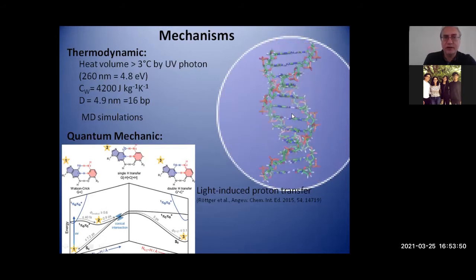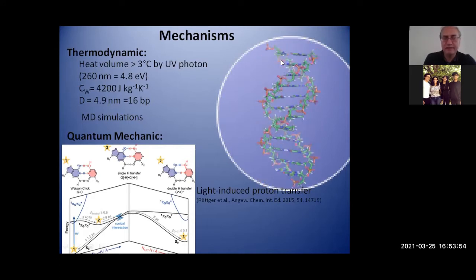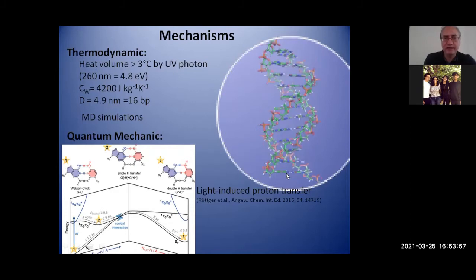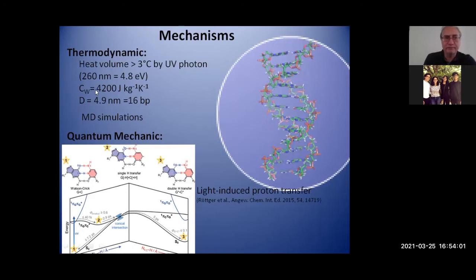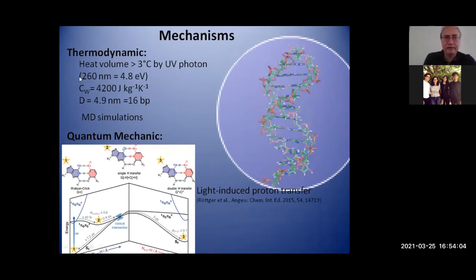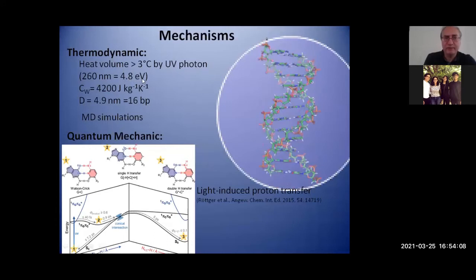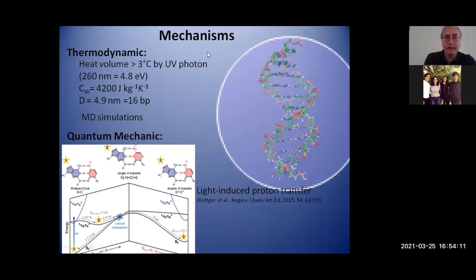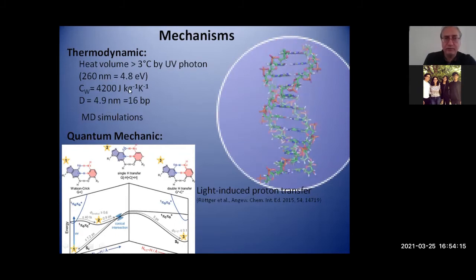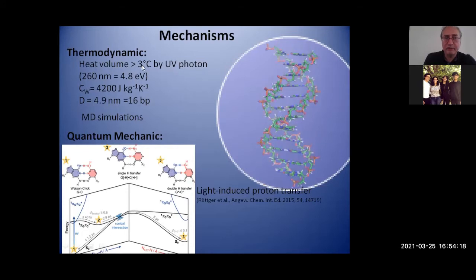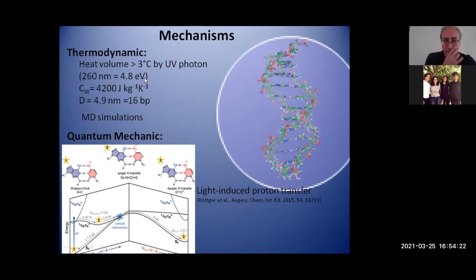Yes. So we assumed that this light would come in, get absorbed, and be converted into heat. And then the question was, well, how many base pairs would this heat affect such that we could get denaturing? And so knowing the specific heat of water, knowing that a photon of 260 nanometers gives about 4.8 electron volts of energy, we can calculate the diameter which would result in an increase of about 3 degrees centigrade due to this one photon of 4.8 electron volts.